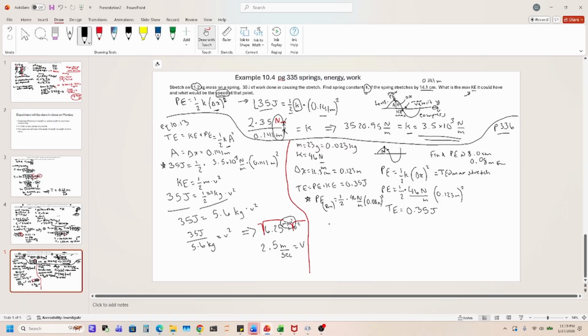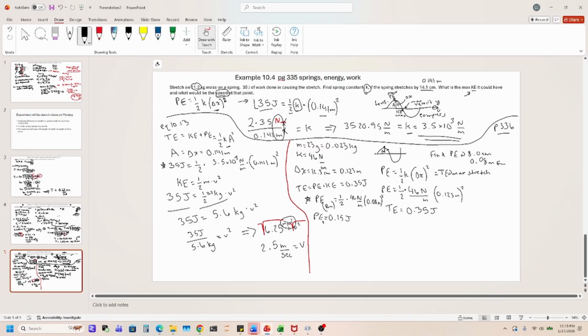Okay, so if I was to plug all this into my calculator, I would end up with a potential energy of 0.15 joules. So now that we know what the potential energy is at that 0.08 meters, I can use that to find the kinetic energy.